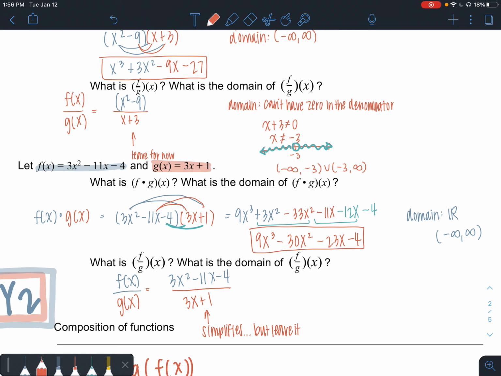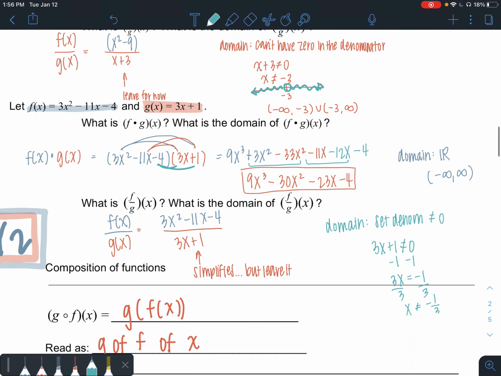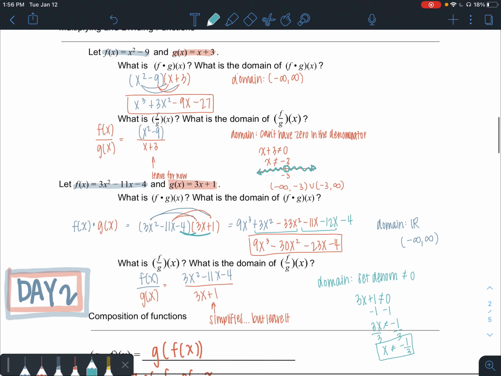We still need to see the domain. So for the domain, we need to set our denominator not equal to 0. So I take 3x plus 1, set it not equal to 0, and solve. So x cannot equal negative 1/3 for the domain. Okay, then tomorrow we'll do day 2.